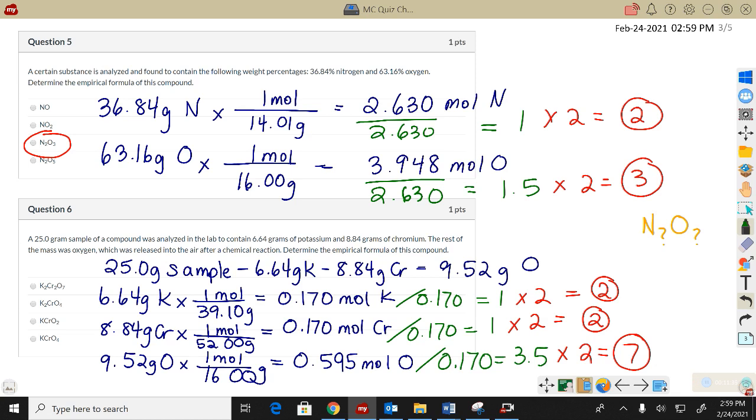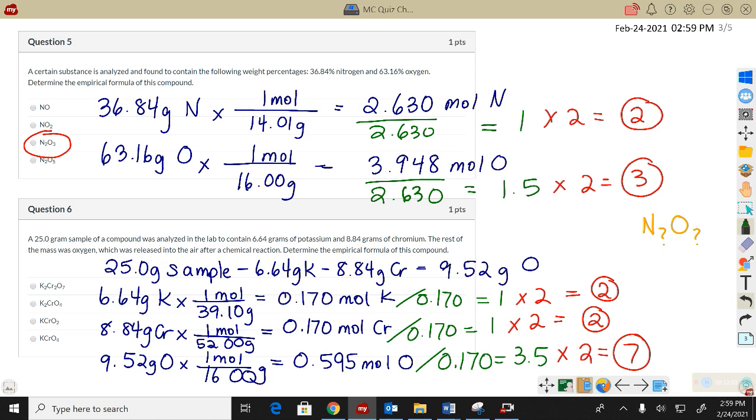So they don't directly tell me how much oxygen, but I can figure it out. The oxygen was released into the air after a chemical reaction. So I know the amount of potassium, I know the amount of chromium. If I just subtract those two from the original 25-gram sample, the remaining mass should be the oxygen that was released. Now I've got grams of potassium, chromium, and oxygen.